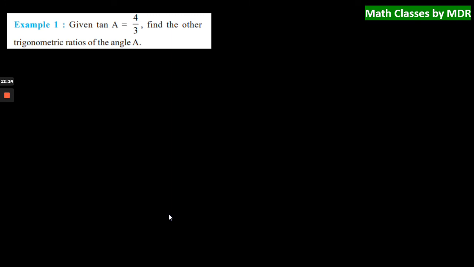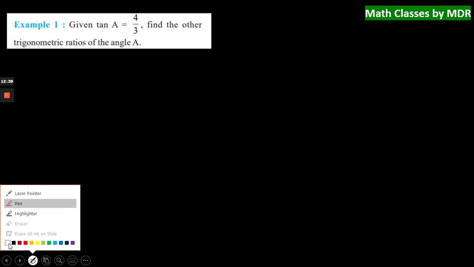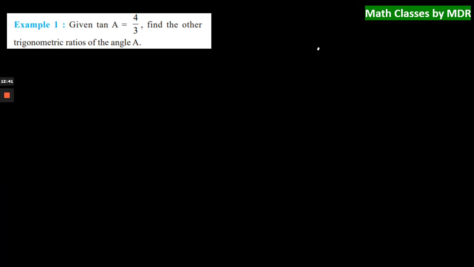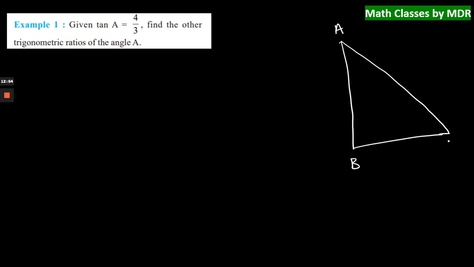Look at this question. Given tan A equals 4 by 3, find the other trigonometric ratios of angle A. Pause for 1 minute and try to get the answers. Get all the trigonometric ratios: sin A, cos A, cosecant A, secant A, cot A. Let us see the answer here.